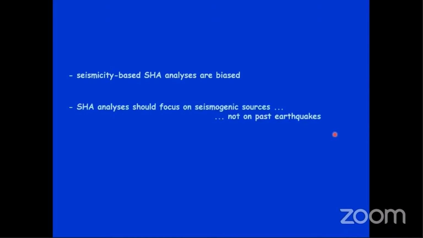Second, I would suggest a change of paradigm for seismic hazard assessment analysis that should focus more on seismogenic sources and not on past earthquakes, which obviously does not mean that we should neglect the latter, but only that we should emphasize the former.